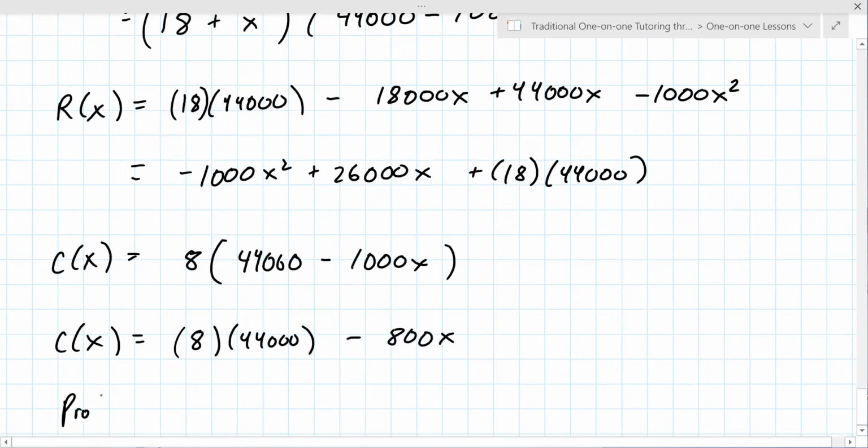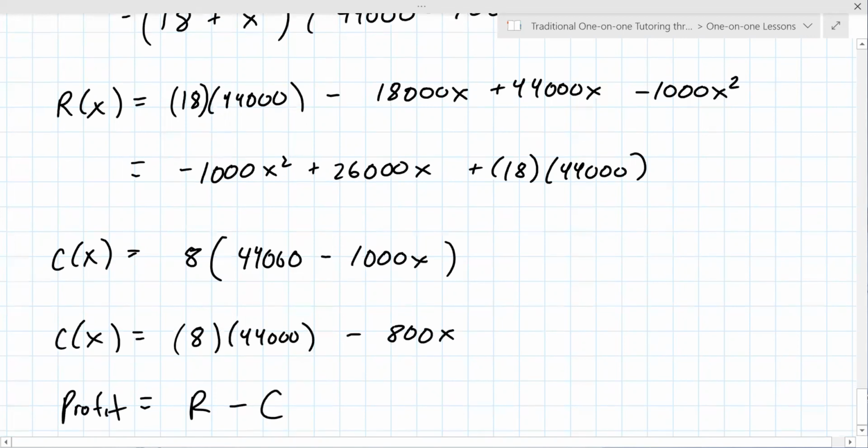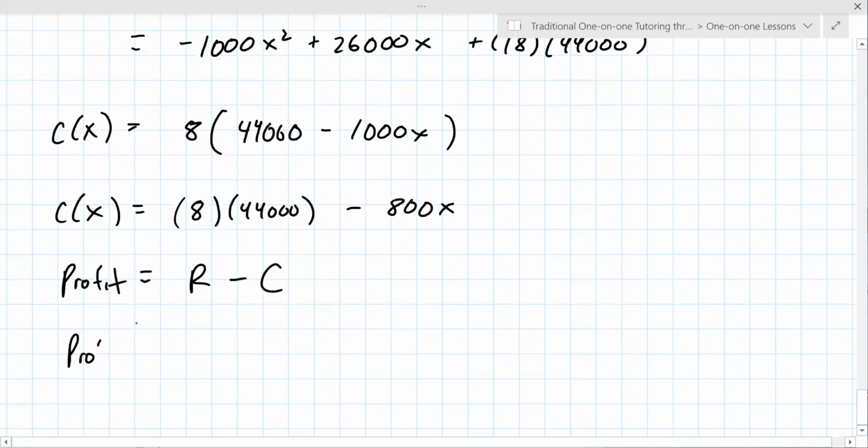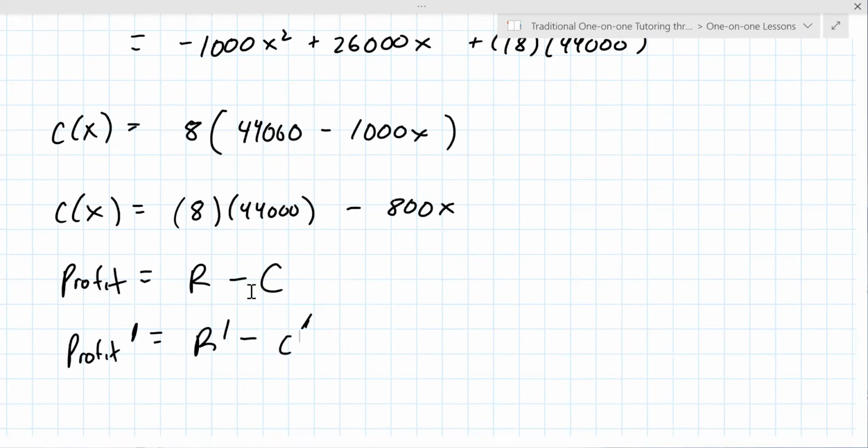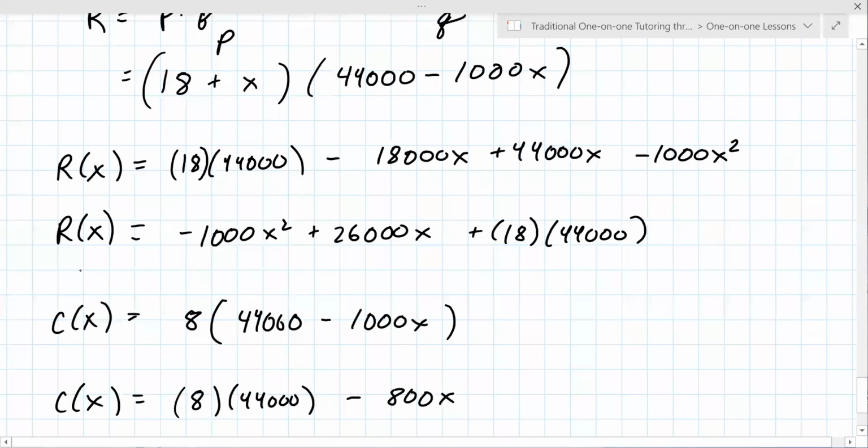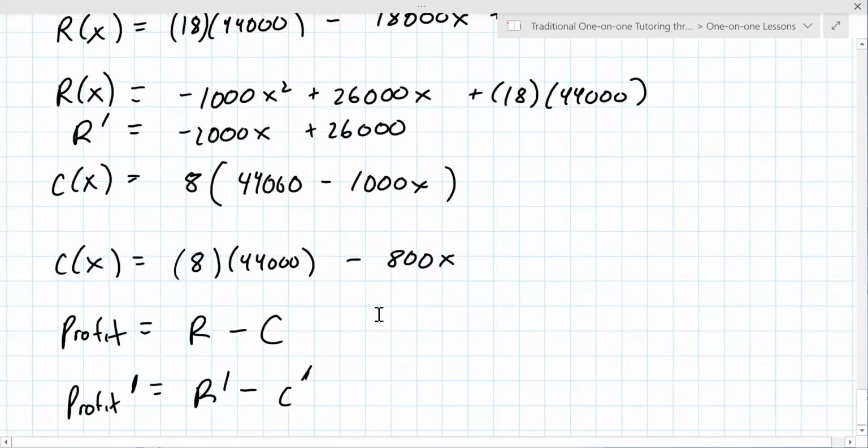So your profit, again, is revenue minus cost. And one way to do it, like you said before, is to do profit prime equals revenue prime minus C prime. Okay, so I'll just go back up here. This is revenue of X. R prime is minus 2,000 X plus 26,000. And then C prime is minus 800.